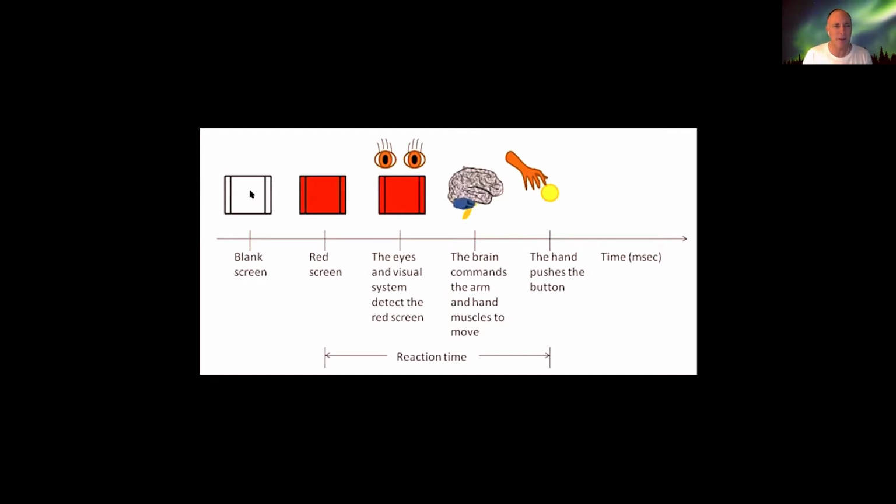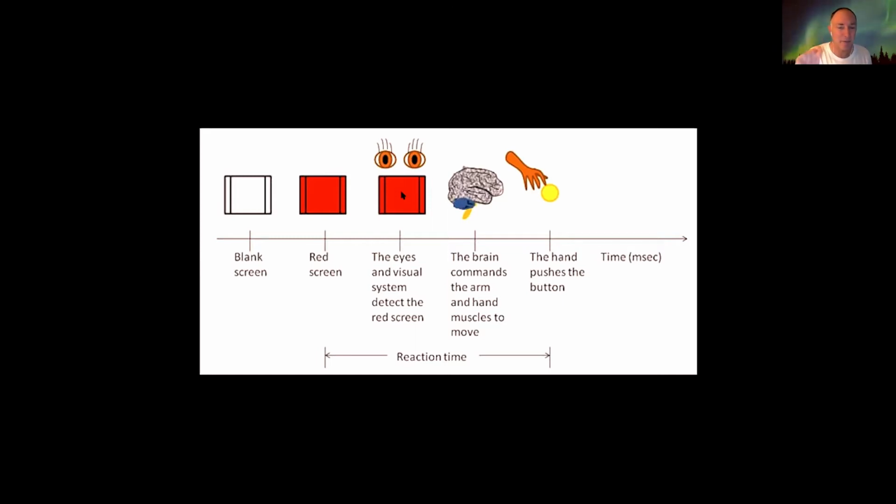So if we look at this chart here, we see off to the left there's a blank screen. And then all of a sudden, the screen turns red, right? And the eyes and visual system detect the red screen.